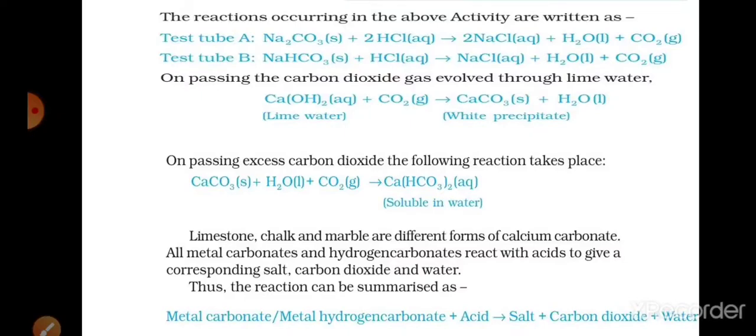Now, just to practice more reactions with metal carbonates and bicarbonates, we are going to the next slide. Here, a blank slide, more examples come up. First, CaCO3 plus HCl. Can anyone name CaCO3? The name of CaCO3 is calcium carbonate.